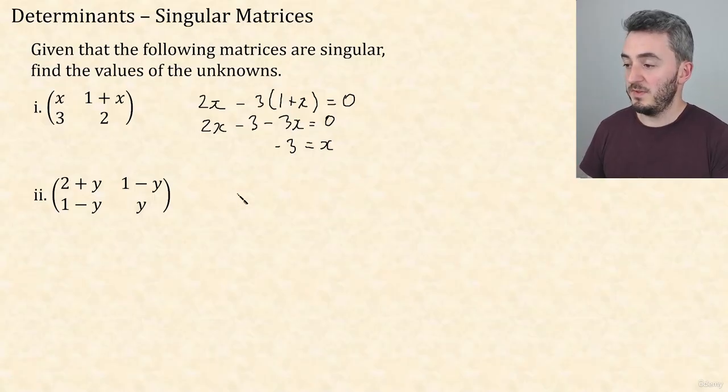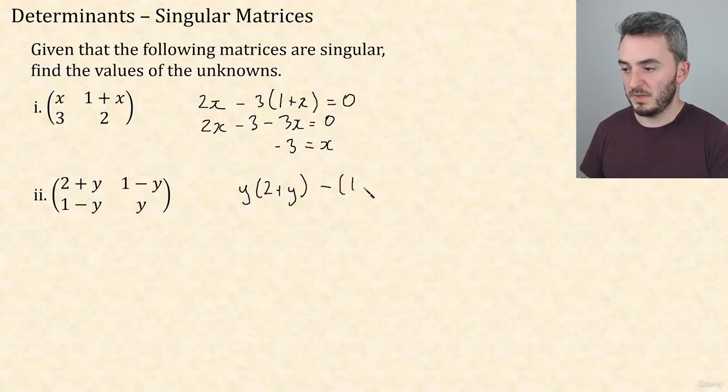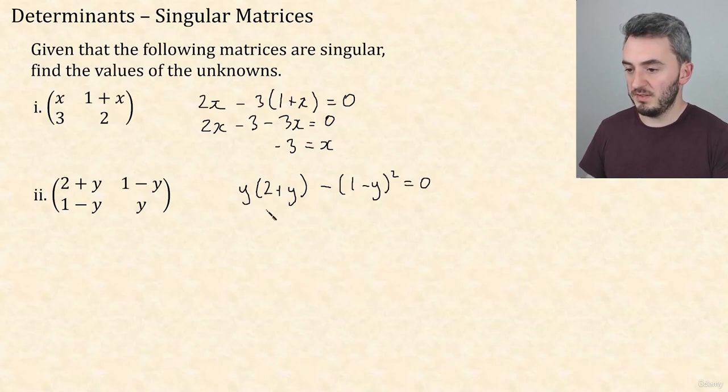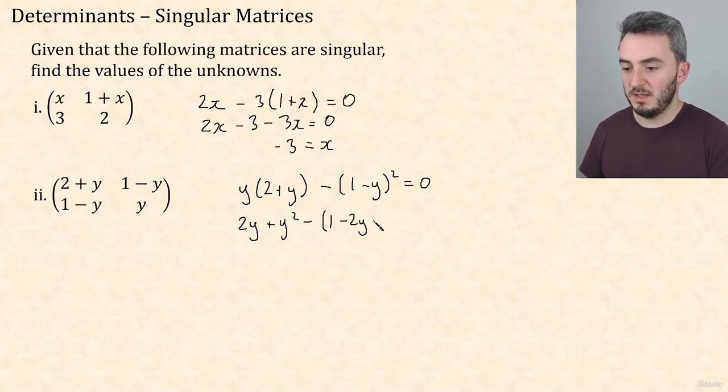What about this one? Well, if this is singular, then 2 plus y times y, so that's y times 2 plus y, minus 1 minus y times 1 minus y, so 1 minus y squared, is equal to 0. Looks like we've got a quadratic here possibly, so let's see. Y times 2 plus y is 2y plus y squared, minus, and if we expand this, 1 minus 2y plus y squared, equals 0.